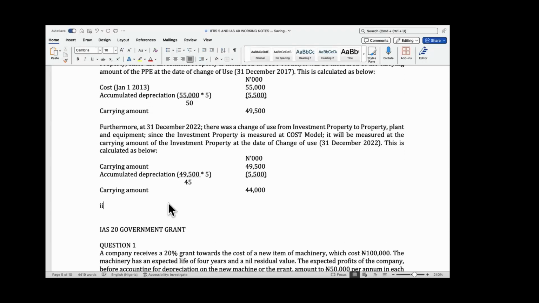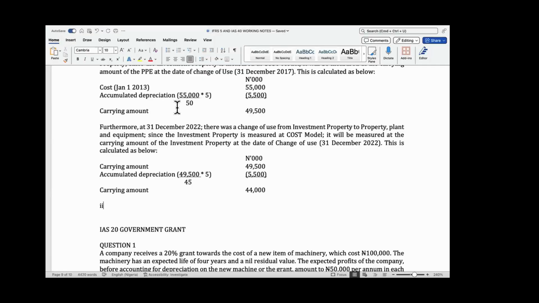Now, the second one. Hello, sir. Yeah, please go ahead. But you said we don't depreciate an investment property. Why are we depreciating this? Oh, yeah, we don't depreciate investment property that is measured at fair value.